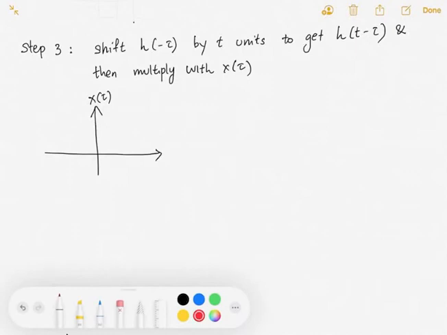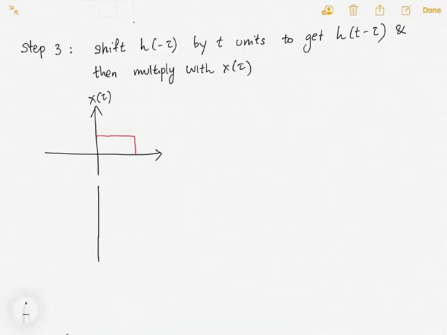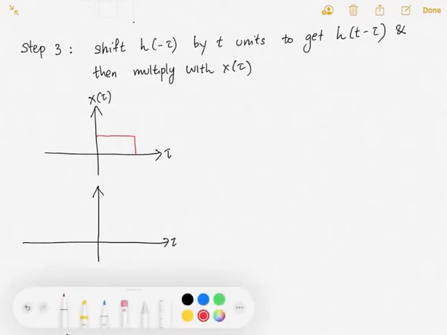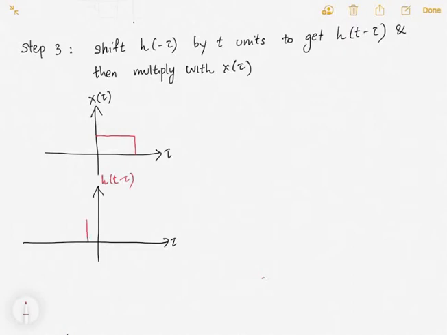I changed it to a different color for the signal. So this is tau. For the h(tau), this is h(t minus tau), so you shift slightly backwards.